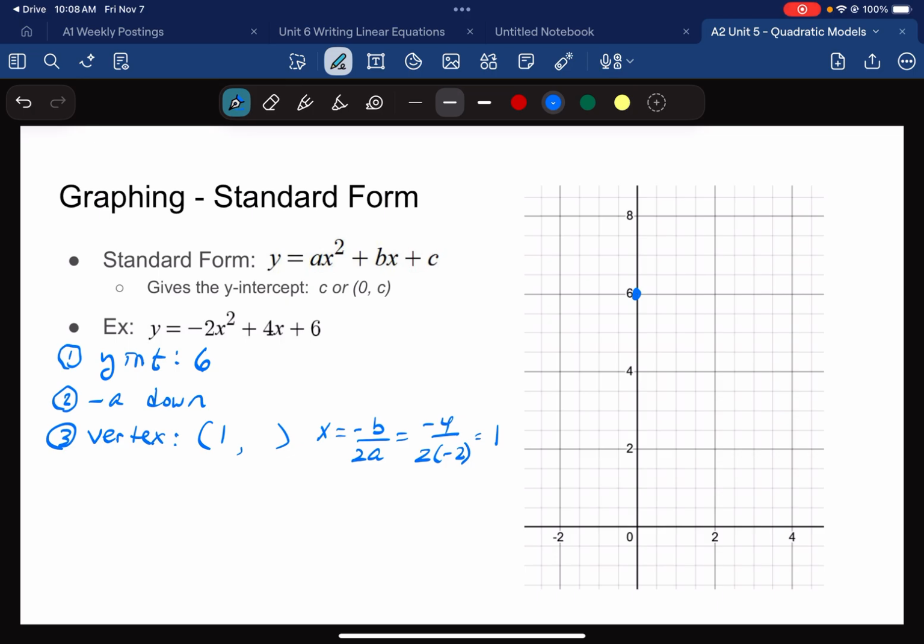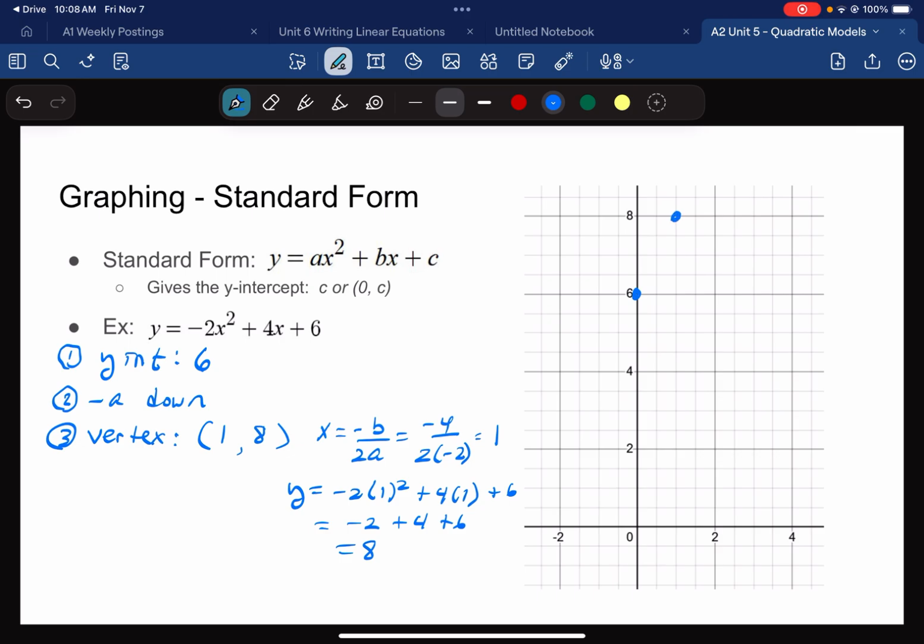Then just plug 1 back into the original equation to get the y. So y is going to be negative 2 times 1 squared plus 4 times 1 plus 6. This is going to be negative 2 plus 4 plus 6, so that's 8. So I'm going to plot my vertex at 1, 8 right there.